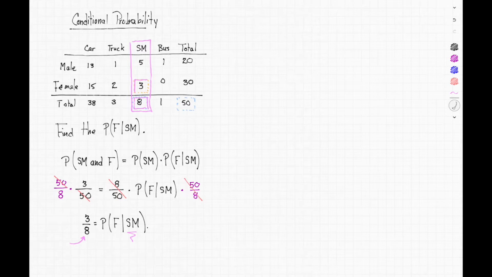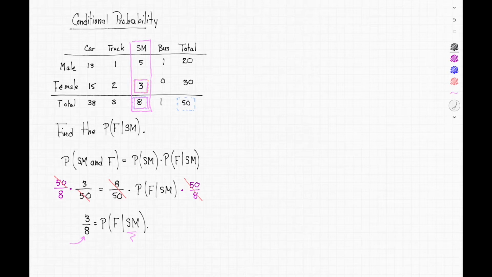Then it says the probability of a female, well, that's this 3 right there. So when you're looking at conditional probability using a table, you have the ability to actually just watch the restriction being created. If you're uncomfortable with that, you can always go back to the formula, or if you're not comfortable with the formula, you can read the words and see what they're saying.